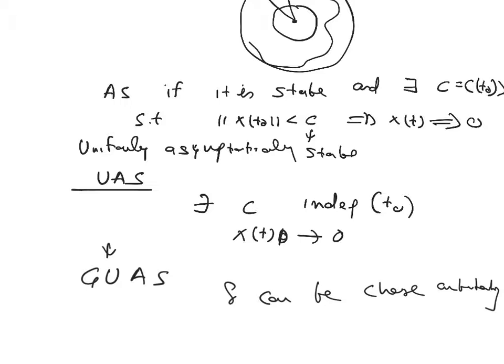So to do that, we need some additional mathematics. You remember our Lyapunov candidate function V of x. It was a positive definite function. Here in time varying systems, you might have a time varying Lyapunov candidate function as well. We'll see how that will be taken care of.